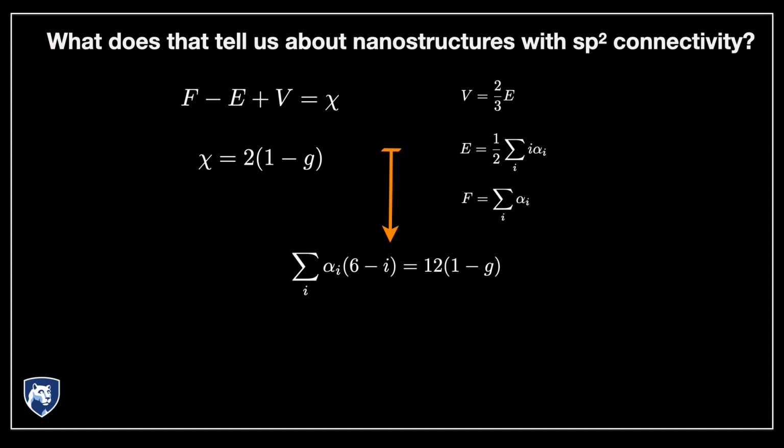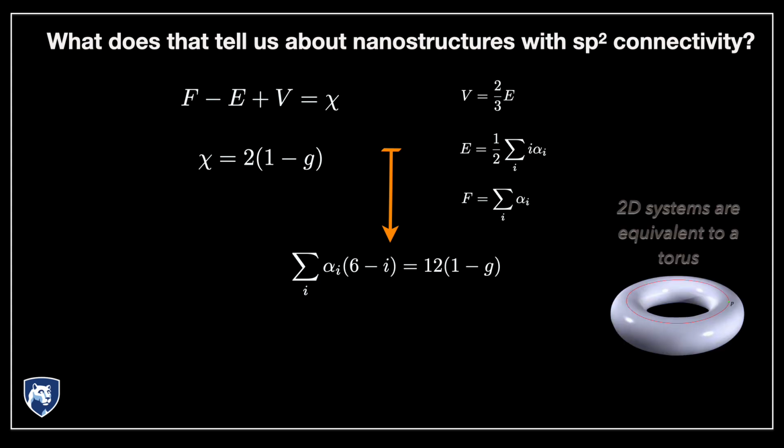There's a tiny subtlety, but we are going to look at it now. We are looking here at two-dimensional systems. Two-dimensional system means that you have a periodicity in two directions. Topologically speaking, periodicity in two directions is equivalent to saying that the periodic boundary conditions are that of a torus.